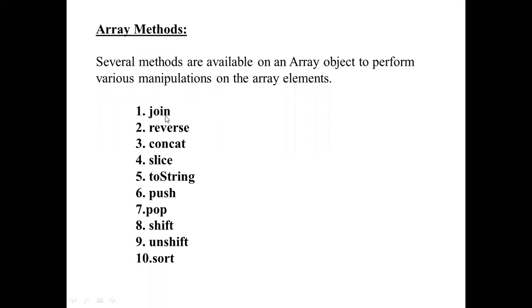If no separator is given, all the elements are joined using commas. The join method first converts the elements into strings, then combines all the strings into a single string separated by the specified string.